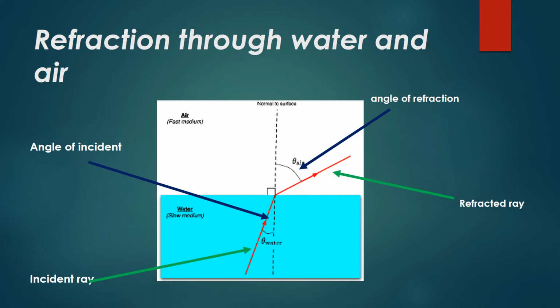So, in this picture, we can see the refracted ray is going away from the normal. What will happen to the angle of refraction? Yes, we can see the angle of refraction gets increased.